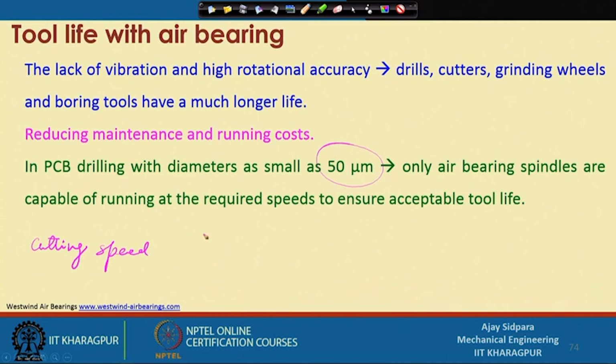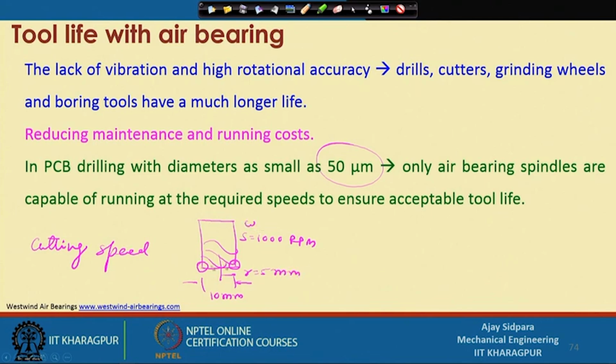Right. So, now consider this is the diameter of one of the tools, 10 millimeter, rotating at a speed of 1000 rpm. Consider these are the edges. So the radius r is 5 mm, and this is the omega.